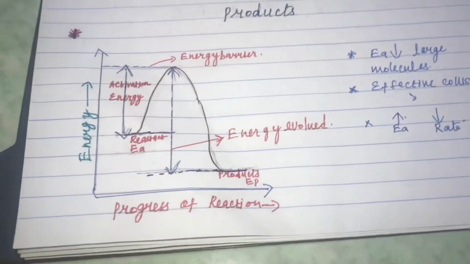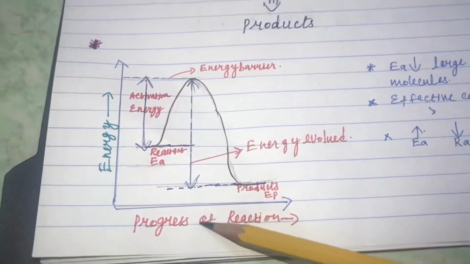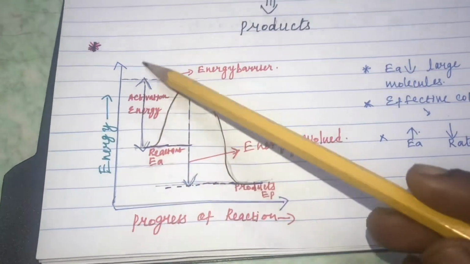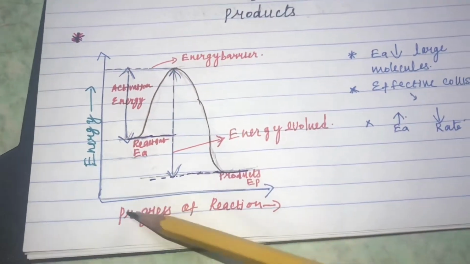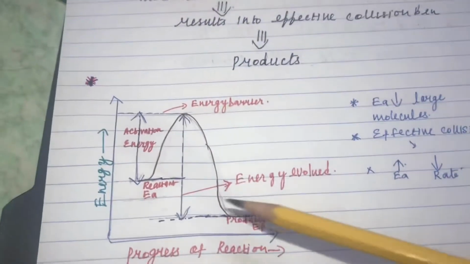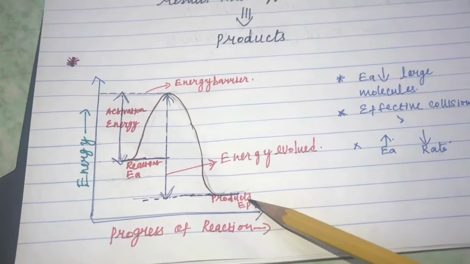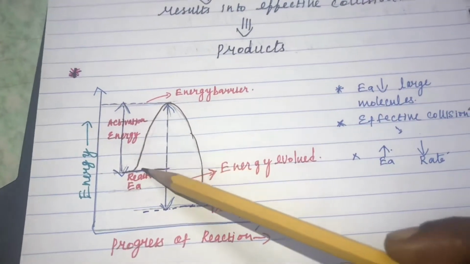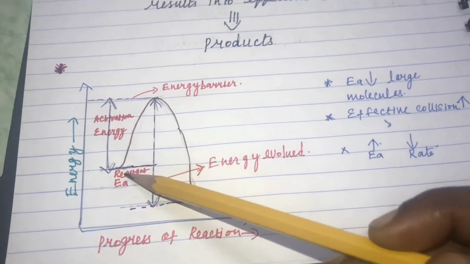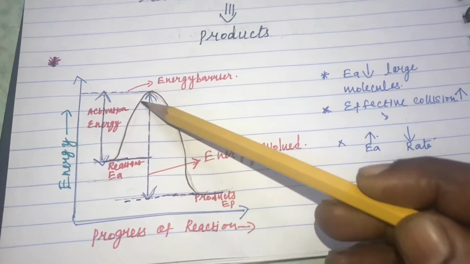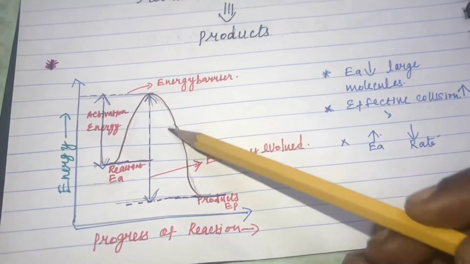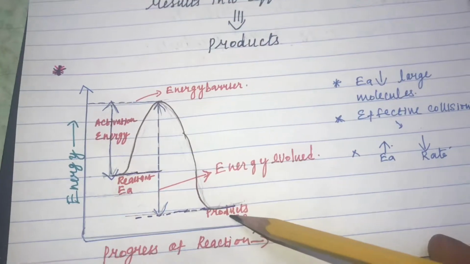Now consider this graph. Here on the y-axis the energy is plotted, and on the x-axis the progress of reaction. Here is the reactant state, and here is the product. The energy of the reactant molecule increases, it crosses the energy barrier and converts into product.